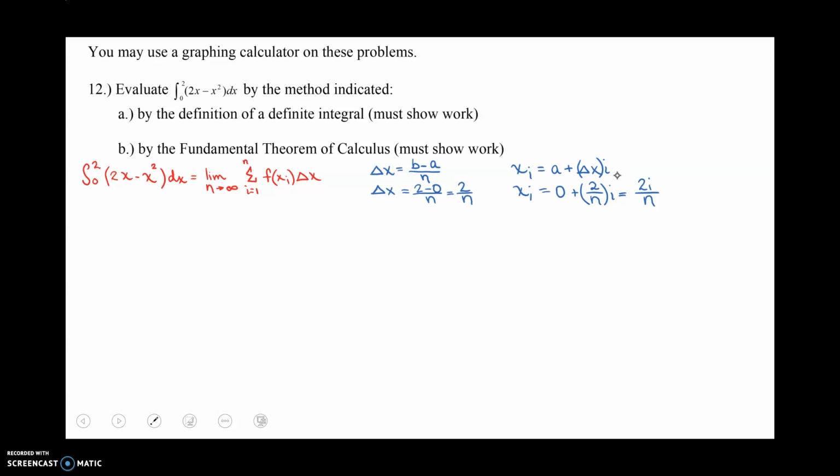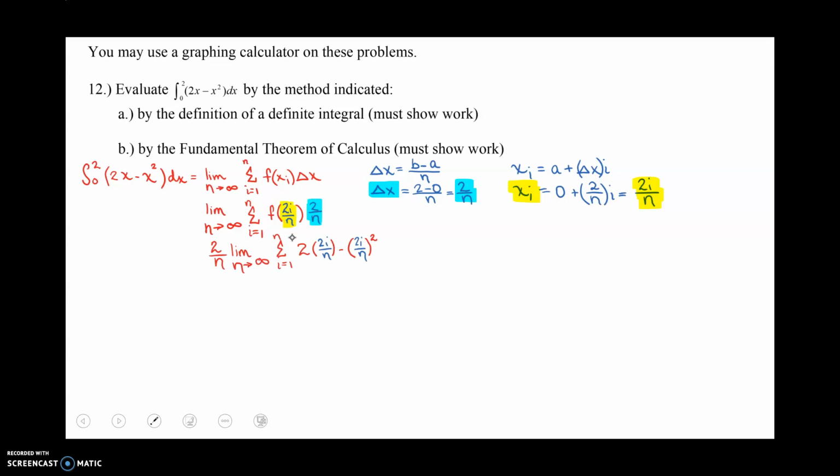All right, so now we're going to plug that into the definition. The definition was the limit as n approaches infinity of the summation from 1 to n of f of x sub i, so here's what we got for x sub i, times the change in x, here's what we got for change in x. Okay, so I'm going to pull that change in x out in front of my entire function. Remember, it's a constant, so we have the right to do that.